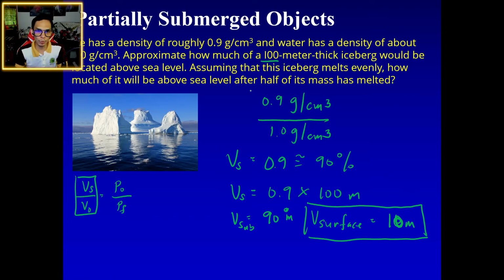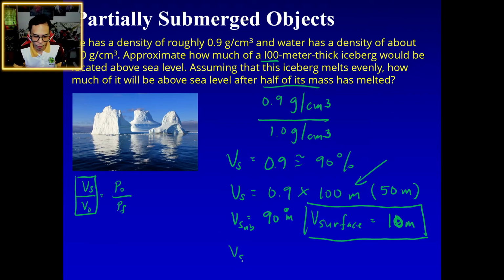Now, how about the second question? Assuming that the iceberg melts, especially with global warming nowadays, how much of it will be left above sea level after half of its mass has melted? Alright, so let's replace 100 with 50 meters.